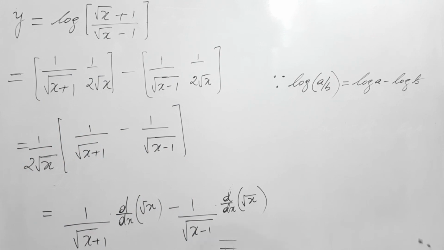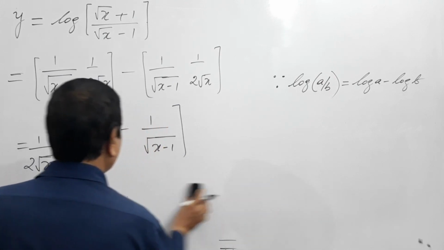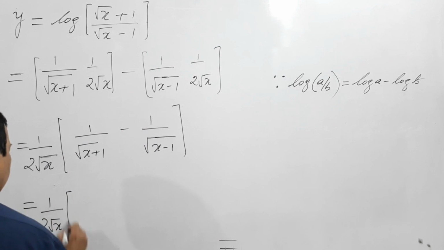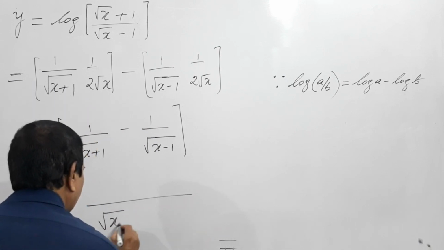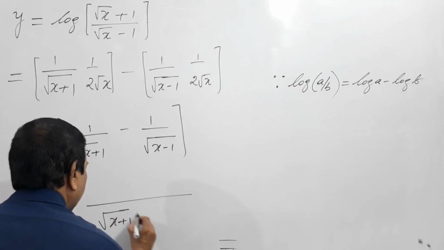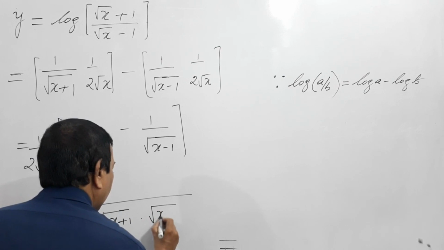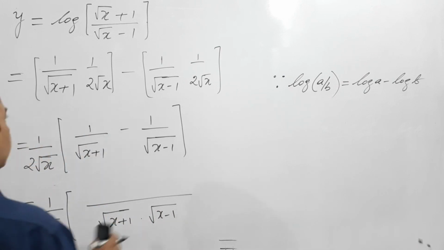So what I do is, I will take LCM. I have to solve this. So this equals 1 by 2 root x. So LCM is root x plus 1 into root x minus 1. Sorry, this is root x, not full.